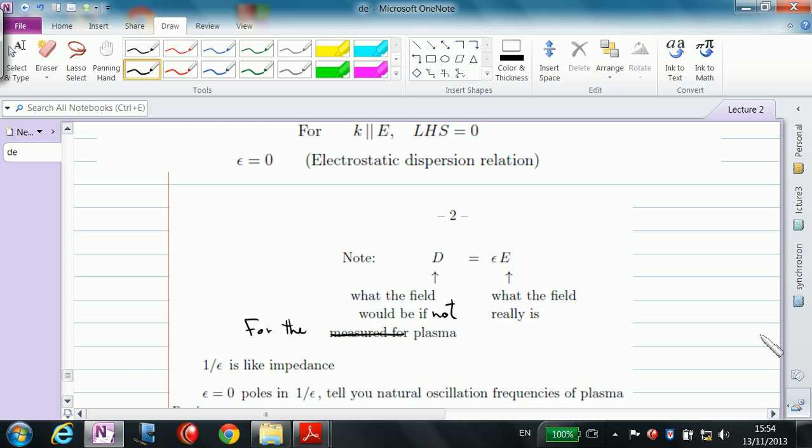In other words, it's what the field would be if you subtract the part that's due to the charge separation in the plasma, or the current in the plasma. And E is what the field really is. That's what you get if you measure the field there.